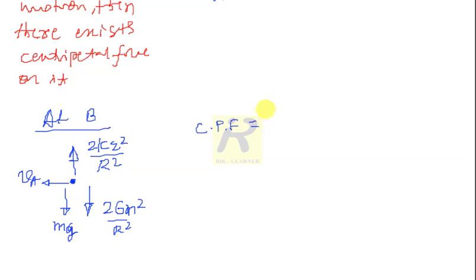This should be 2Gm² divided by r² plus mg minus 2kq² divided by r². Two inward forces and one outward force: the two inward forces add up and the one outward force is subtracted.